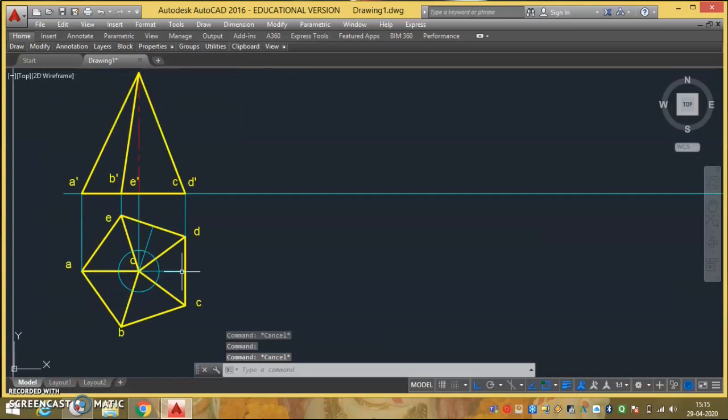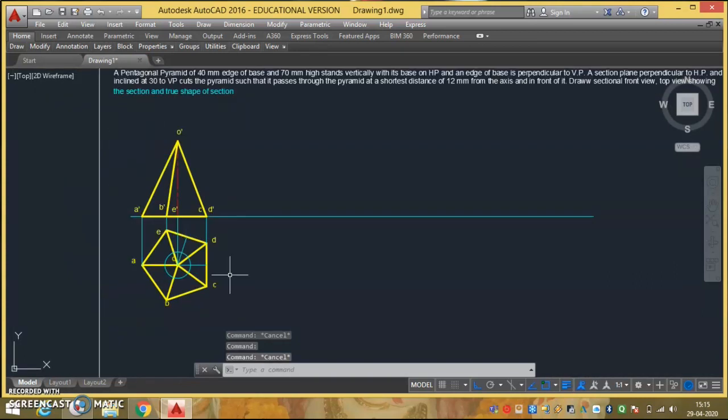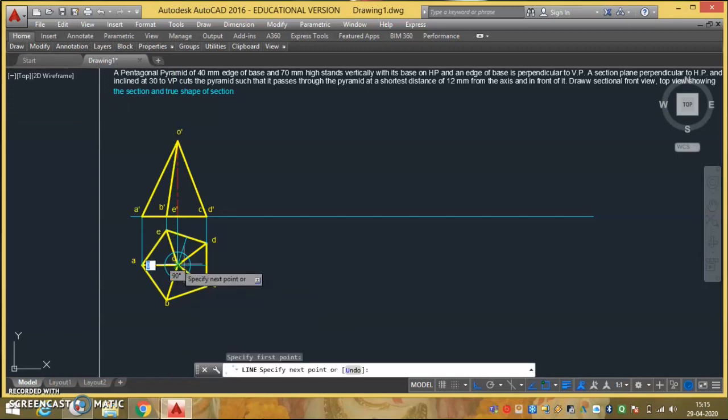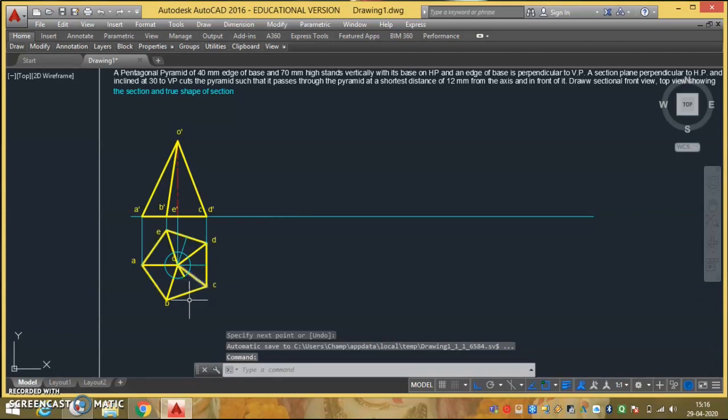Now you want a section plane at an angle of 30 degrees. Since you want a line at 30 degrees, with this horizontal line I'll make a line at an angle of 60 degrees. I'll take the line command. From this point I can draw, as I said, a 12 mm length at an angle of minus 60. So I got that line here. Again, I'll make this a projection line only.